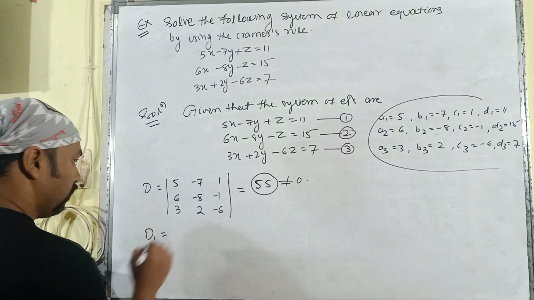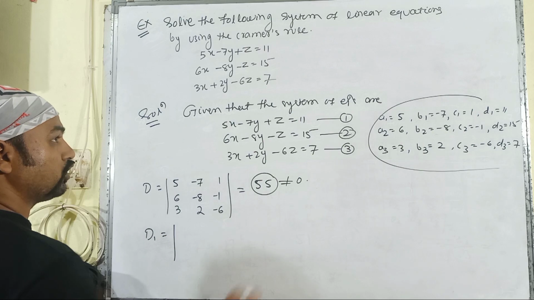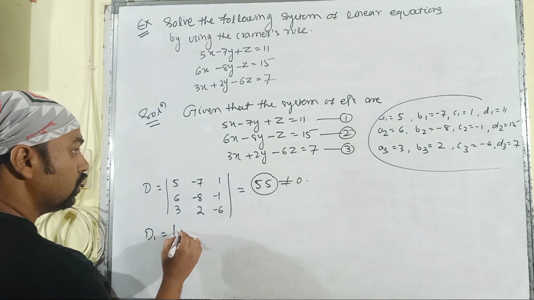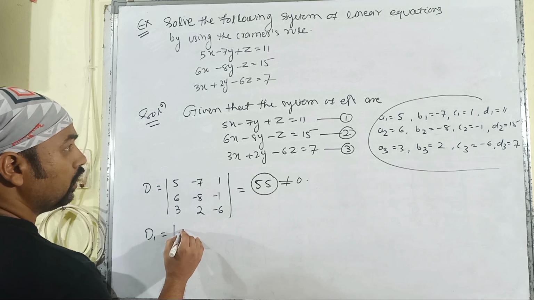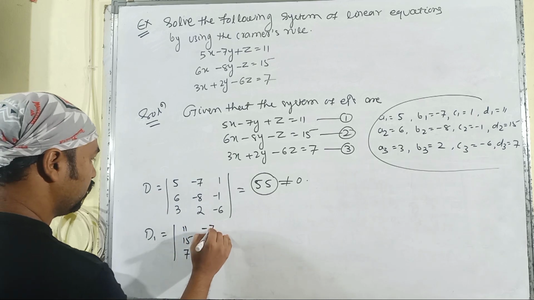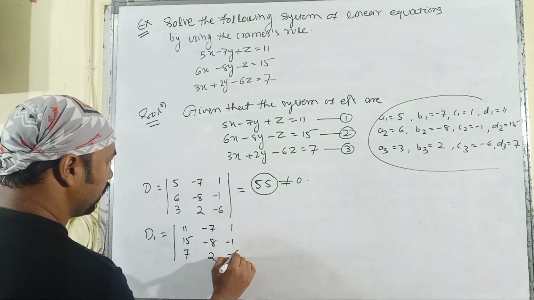Then again we have to find out the value of d1 here. We just have to replace the coefficients of variable x with the constants. So it will be 11, 15, 7. The unchanged terms are minus 7, minus 8, 2, 1, minus 1, minus 6.